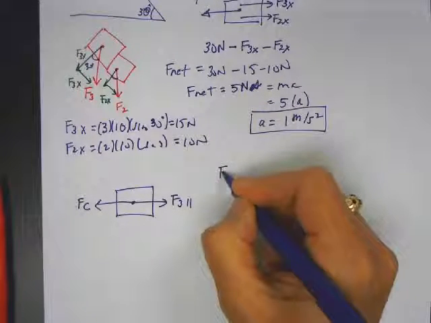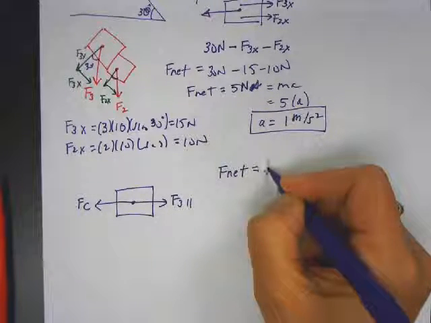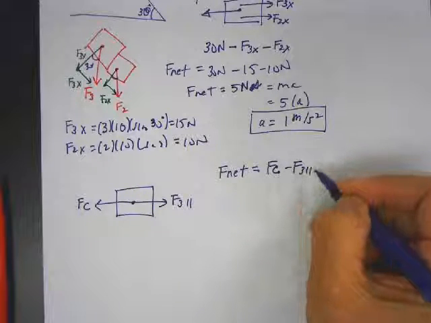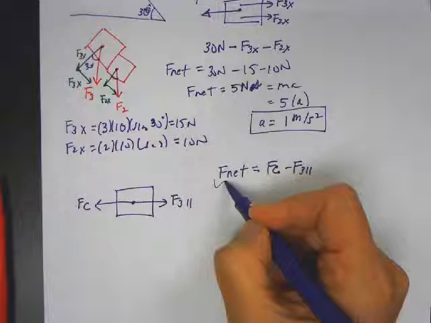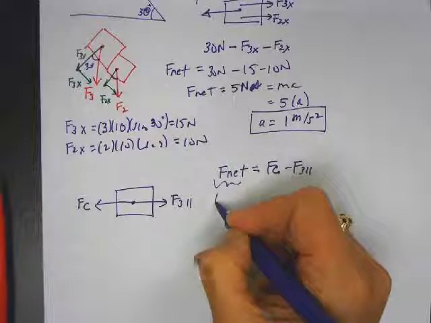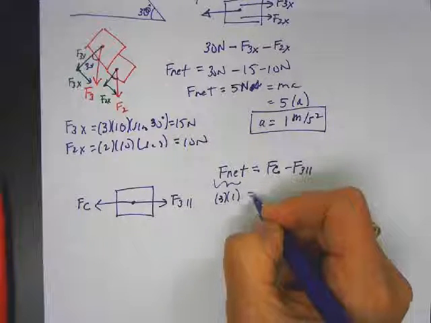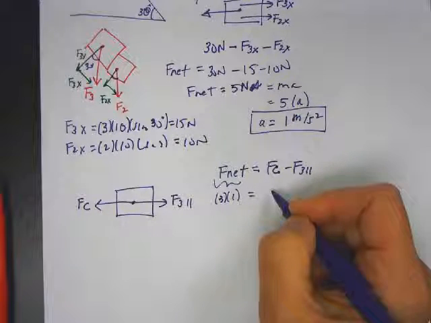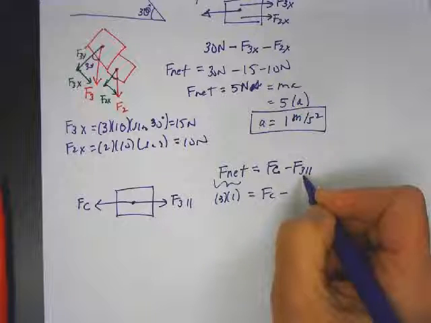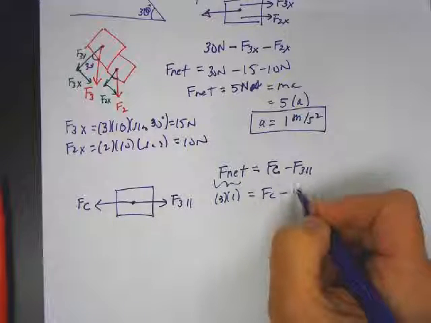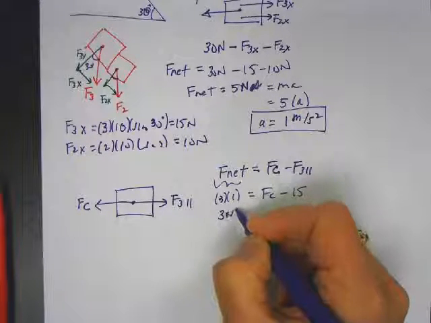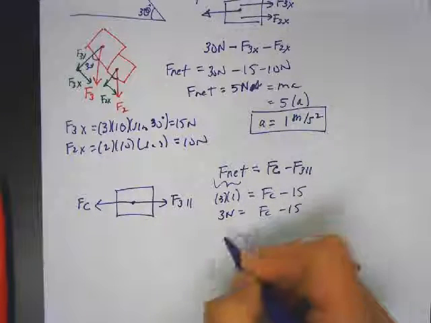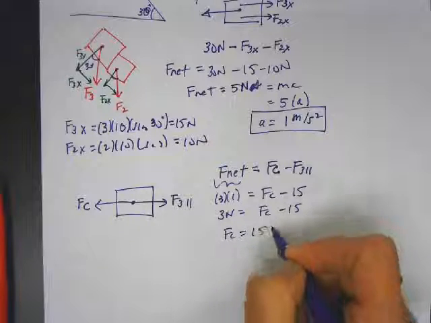So F net is equal to F contact minus F3 parallel. Now, what is this net force? Well, this is MA, so this is 3 times my acceleration, and that's equal to my contact force minus F3 parallel, which is 15. So 3 newtons is equal to my contact force minus 15. Just put it on the other side, and the contact force ends up being 18.